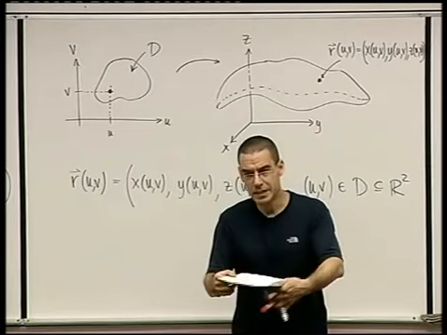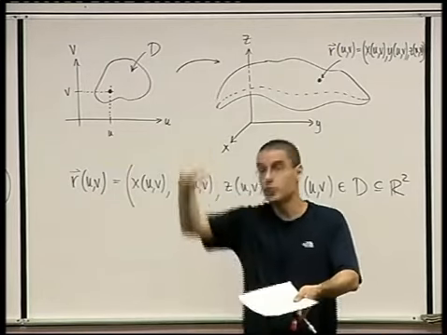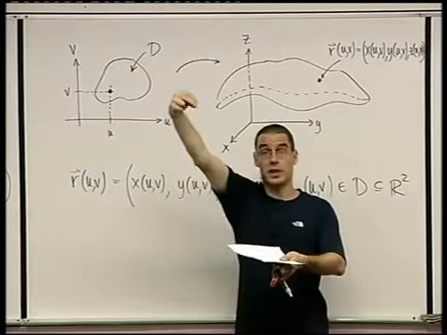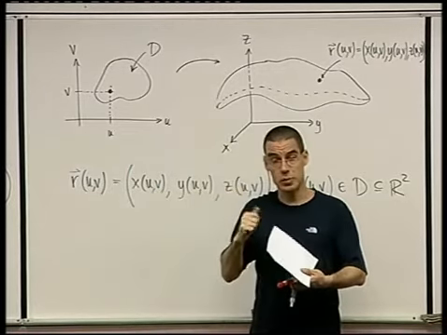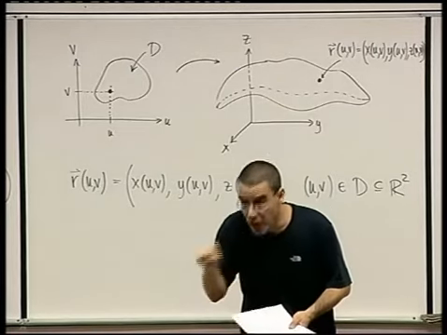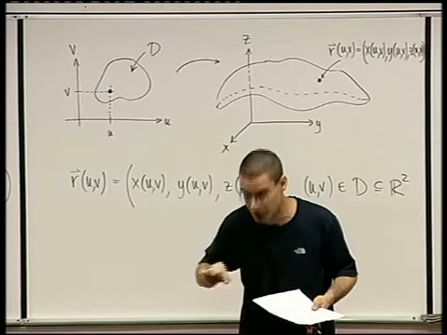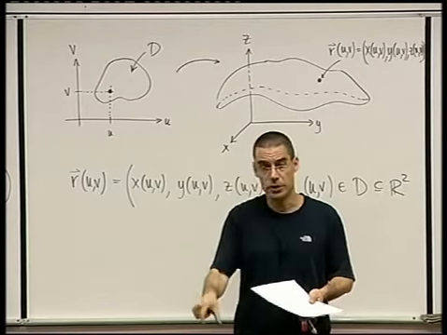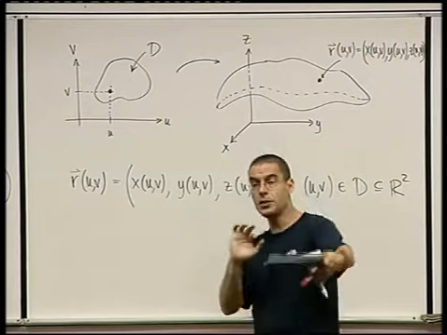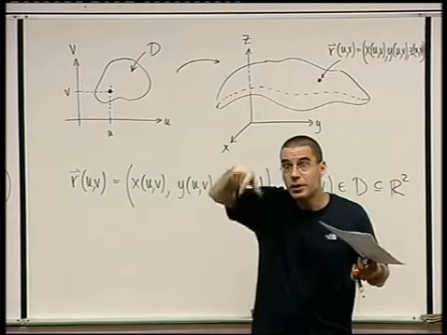Do you agree that this parametrization, this sending points UV to points r of UV, was continuous, was smooth? Suppose you took a little blue pen and drew two little dots very close to each other on the dough on the table, and then you did this. The two little dots are not going to be here and here anymore.